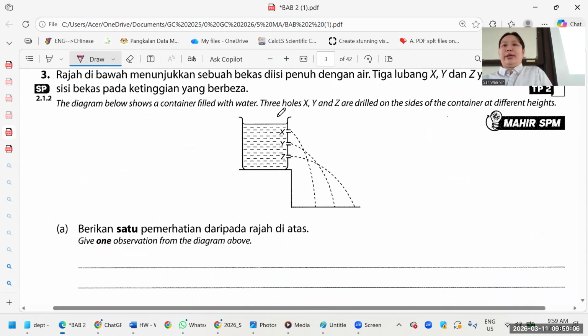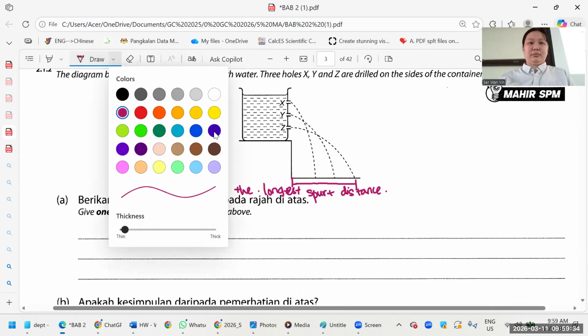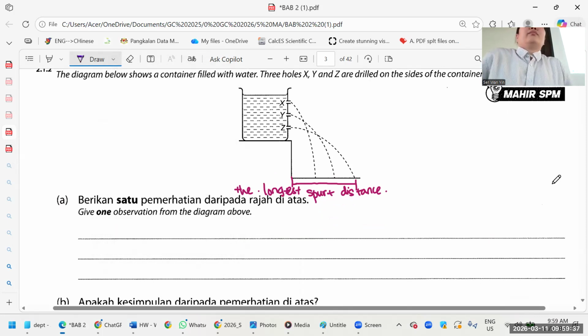So when you fill it up with water, Z will spurt out the furthest distance. So we say this is the spurt distance. Z has the longest spurt distance. Why?